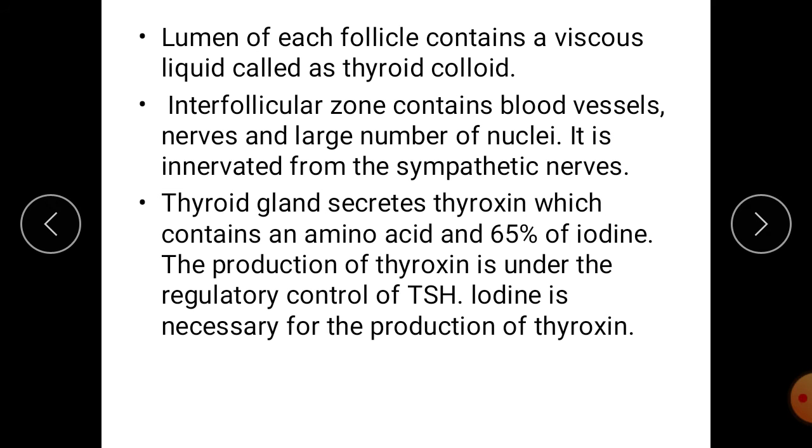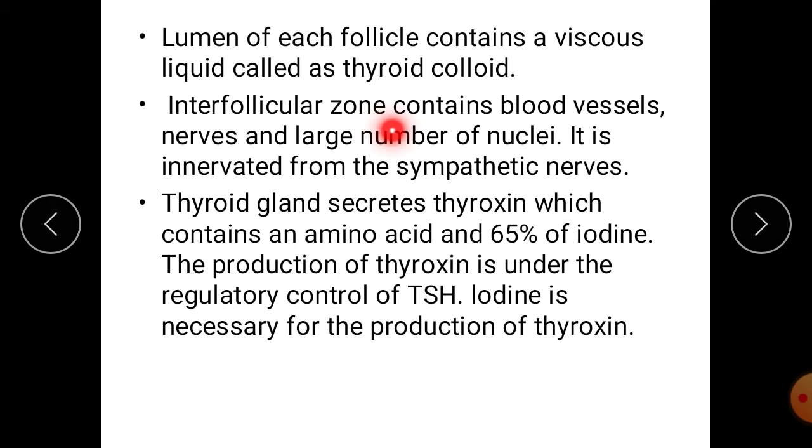Next, the lumen of each follicle contains a viscous liquid called thyroid colloid.